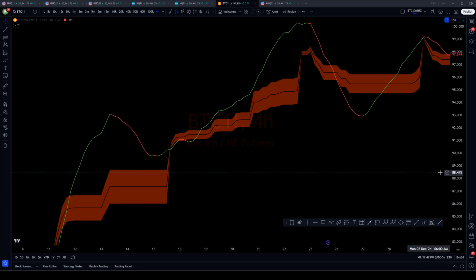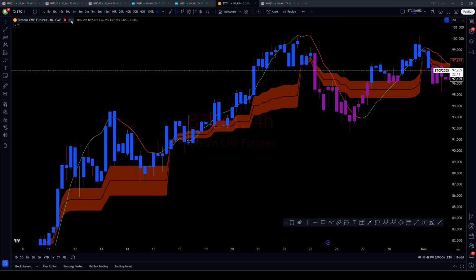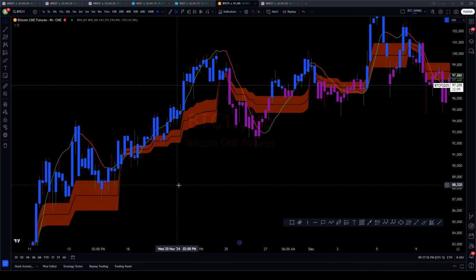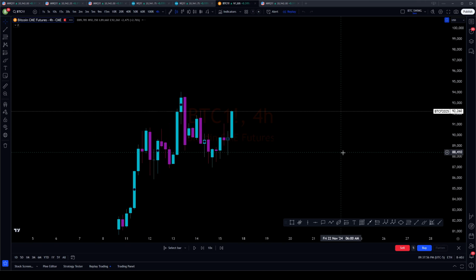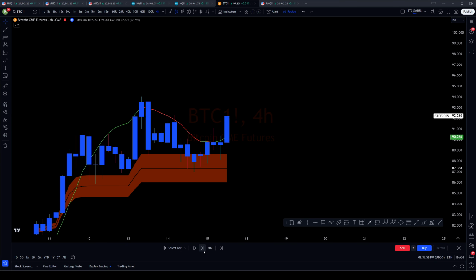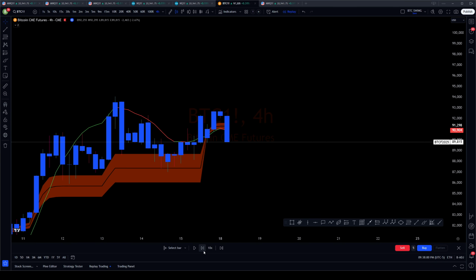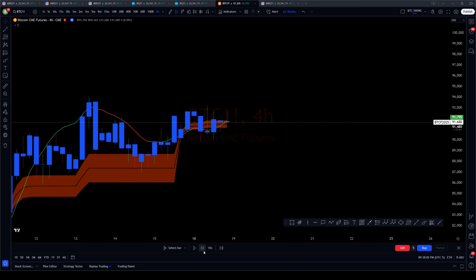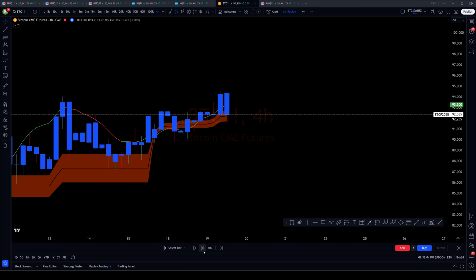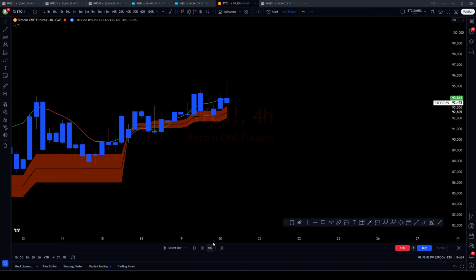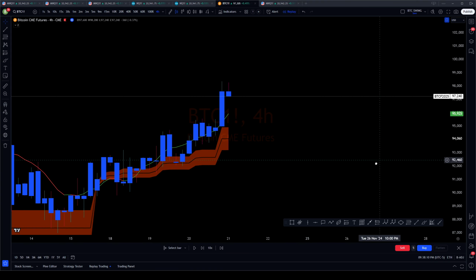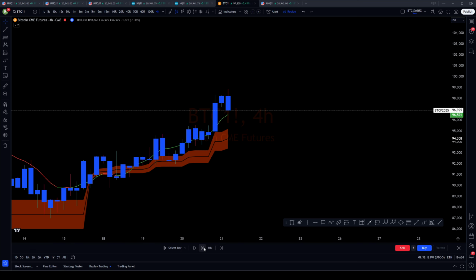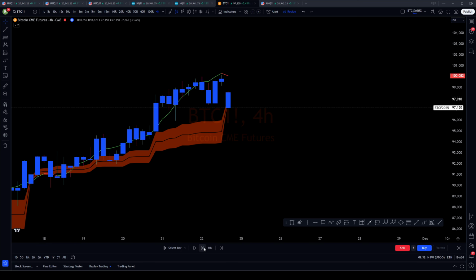What does that mean? That means that price reacts to it just like this. So you can see it moving. And once it leaves it, you know you're in a trend phase like that, and you can get into your trades and trail and stuff.